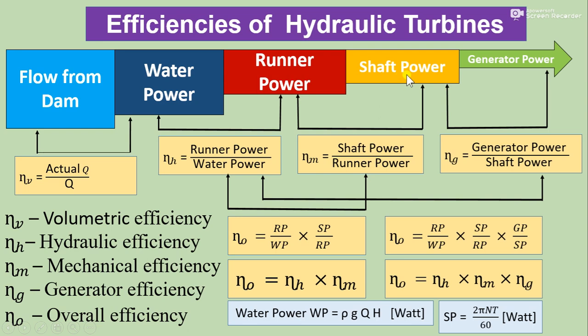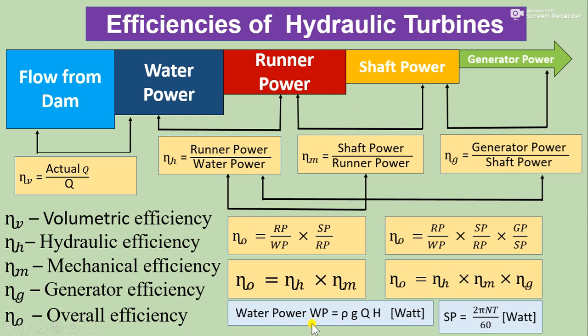Mechanical efficiency is a ratio of shaft power to runner power. And generator efficiency is a ratio of generator power to shaft power. If we take product of hydraulic efficiency and mechanical efficiency, then it is called as overall efficiency. Overall efficiency can be written as product of hydraulic efficiency, mechanical efficiency and generator efficiency.